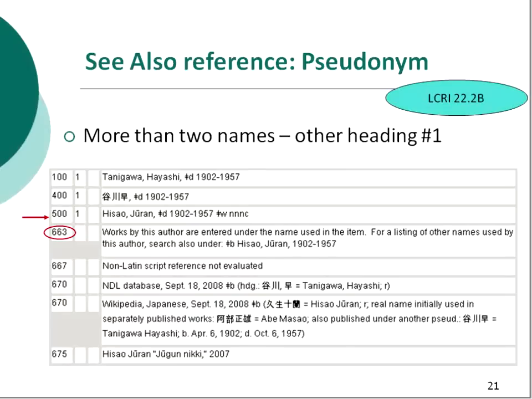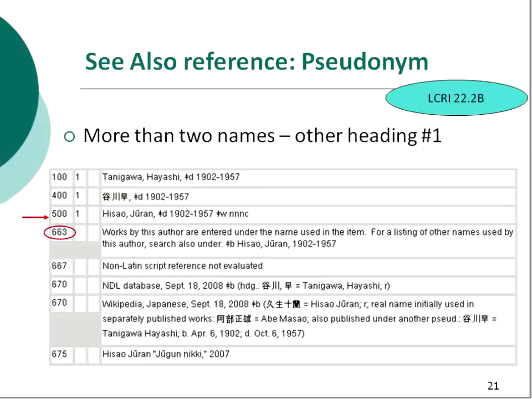Now let's take a look at one of the other headings, not the basic heading. We just went over the basic heading. This is heading number 1 of the other names. In this heading, as you see, the 663 is pointing back to the basic heading, which includes references to all of the names used by this person.